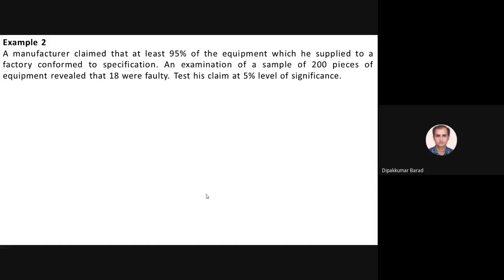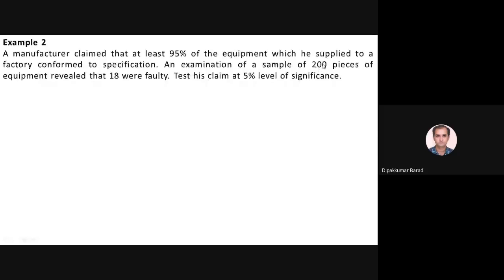Test his claim at 5% level of significance. So here the manufacturer claimed 95% of equipment supplied to a factory conforms to specification. It means its proportion is 0.95, and the sample we have is of size 200, so n is greater than 30.